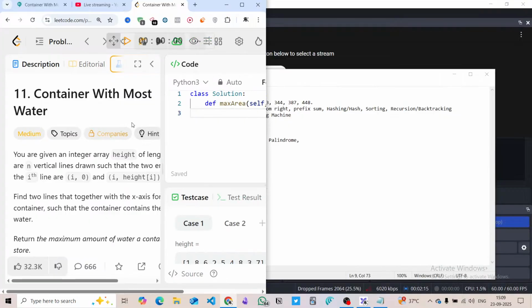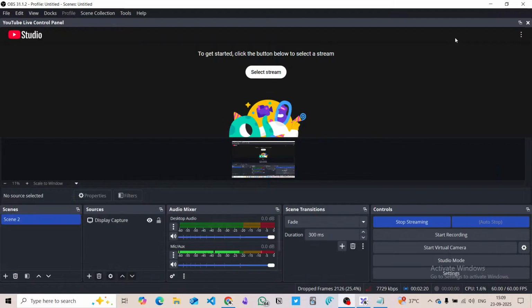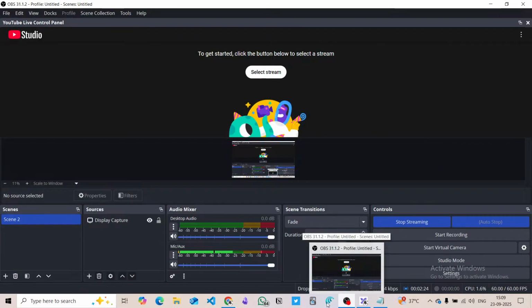Okay, we just try to understand the problem, and then we try to solve this using brute force or any other optimized solution.